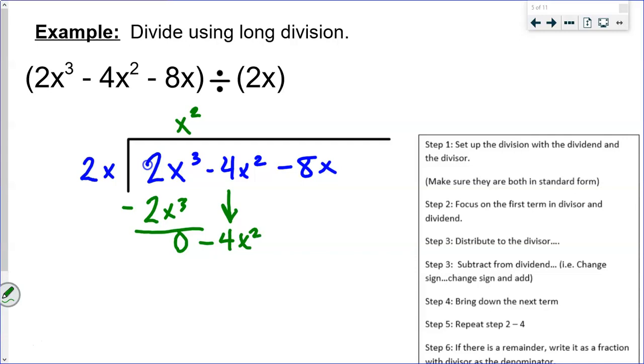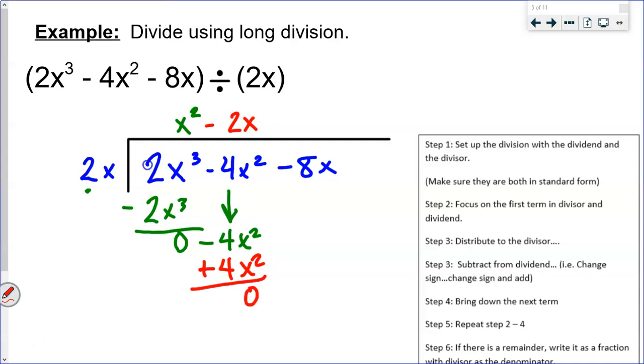So again, we want to ask ourselves the question, what do we have to multiply by 2x here to get negative 4x squared? So we're going to multiply it by negative 2x, right? So when I multiply this, I get negative 4x squared. Recalling again that we're going to subtract it, so that means we're actually going to add it, right? Because when we subtract the negative, we get a positive.